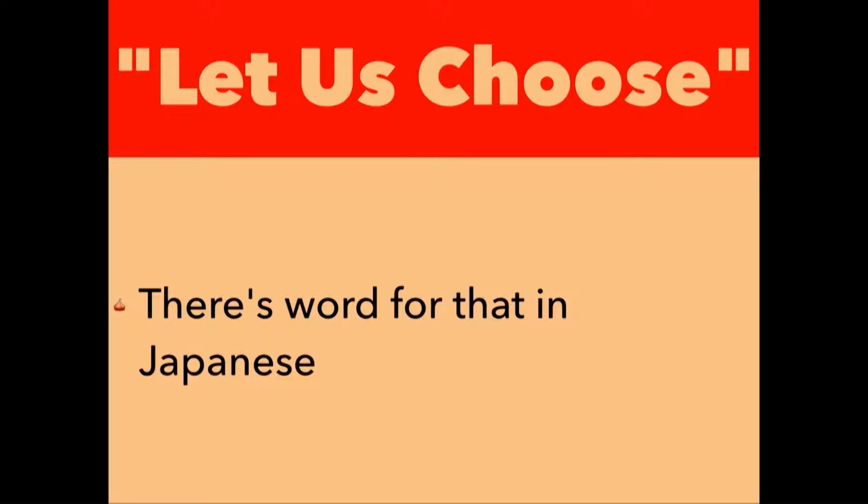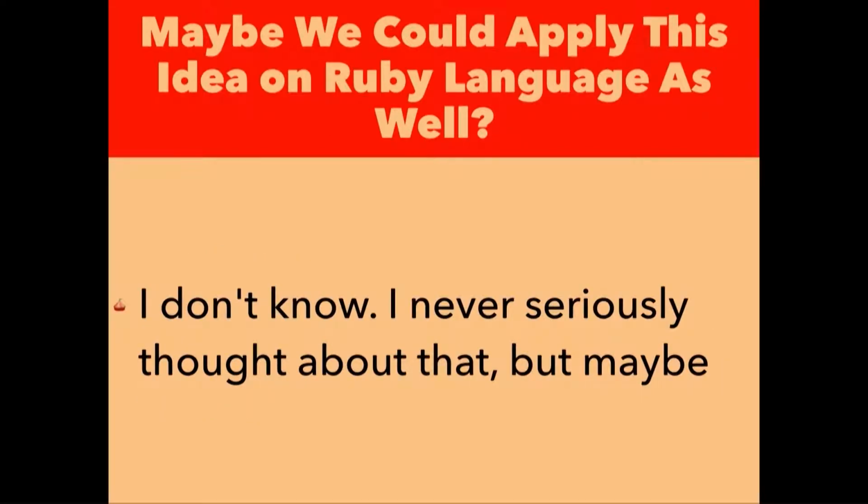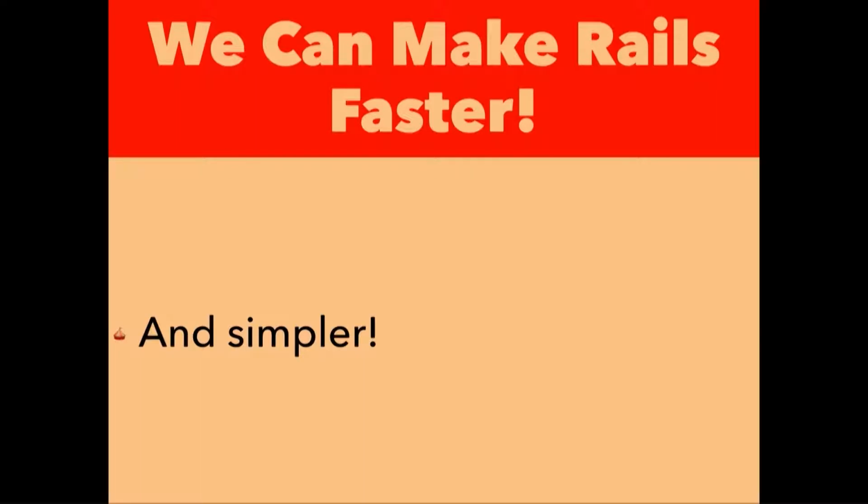So I'd like to let you choose, instead of everything being omakase. That style is called okonomi in Japanese. Okay, I'm going to finish it soon. So anyway, we can make Rails faster and simpler this way.